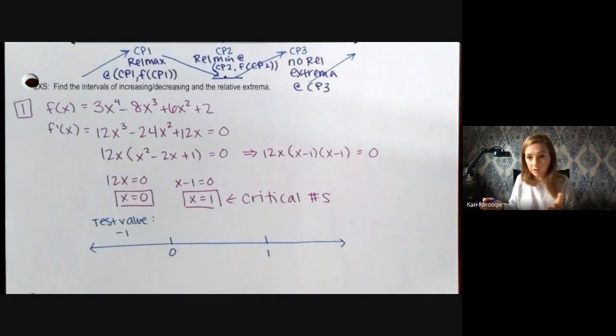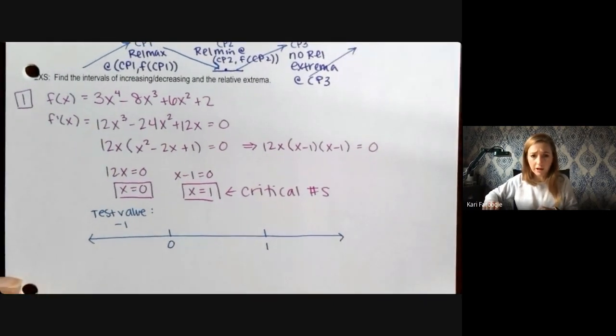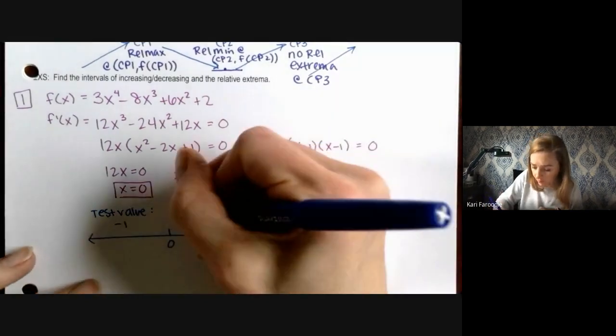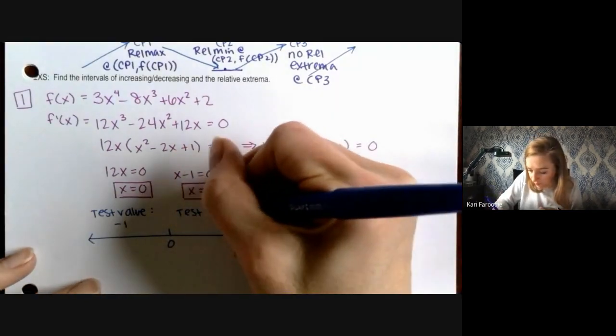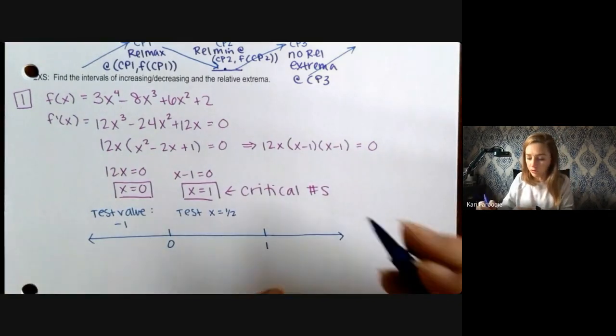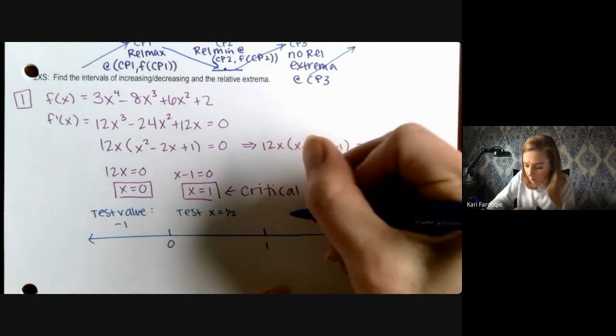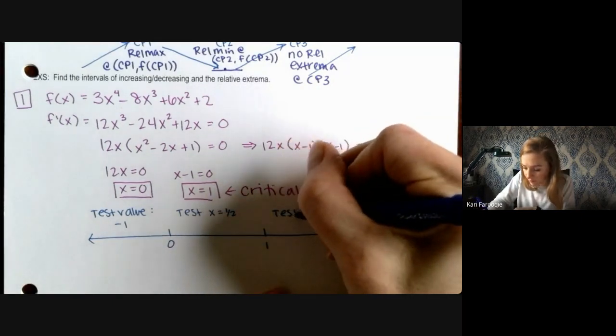You can't find an integer between 0 and 1, so just pick a fraction, and I feel like 1/2 is the easiest fraction to choose. And in the third interval, I would probably just pick 2 because it's close to 1, but it's greater than 1, so it's somewhere inside that interval.